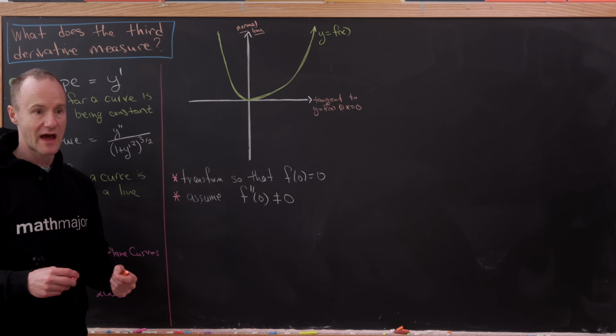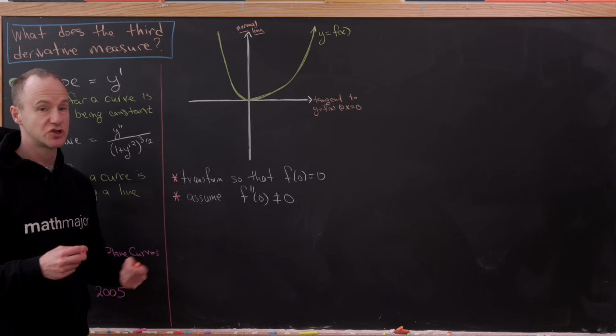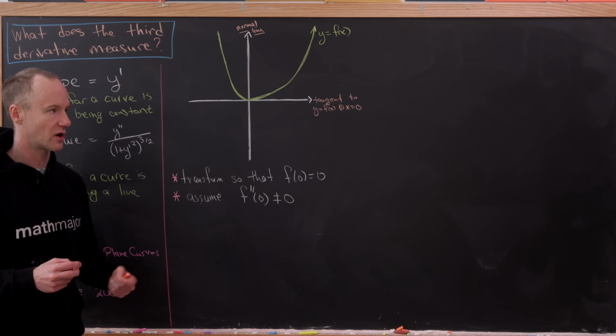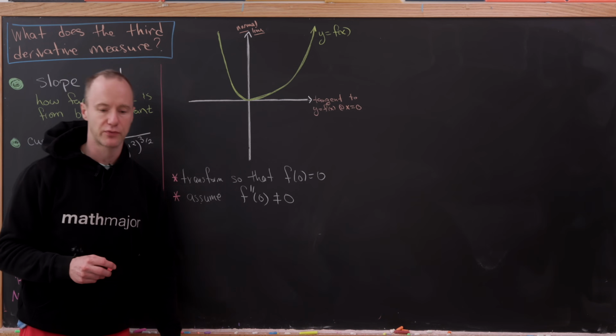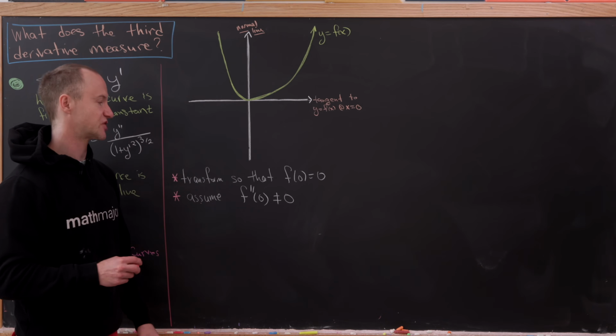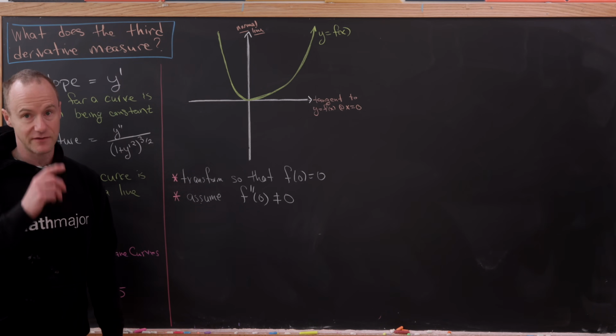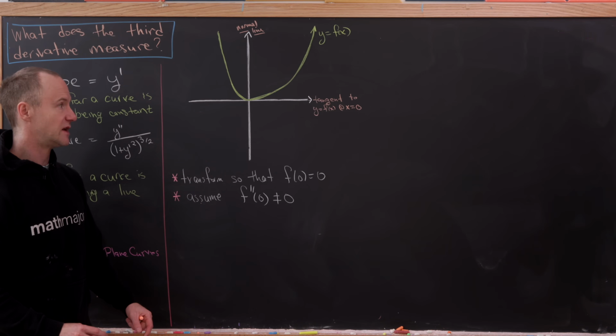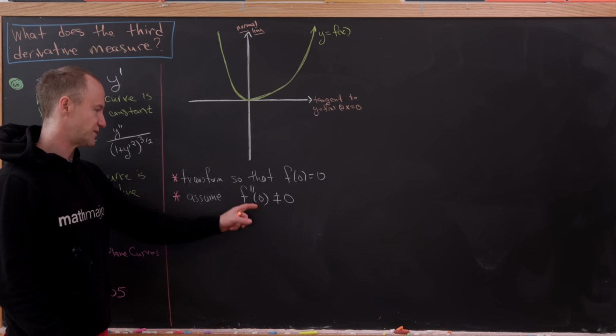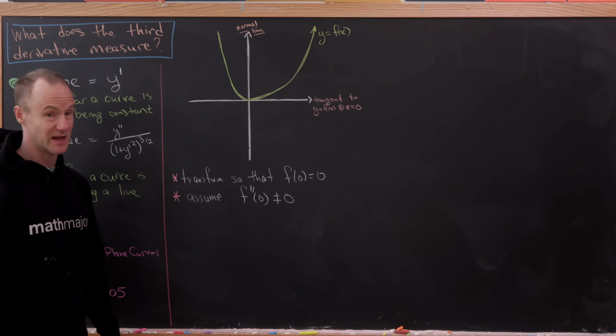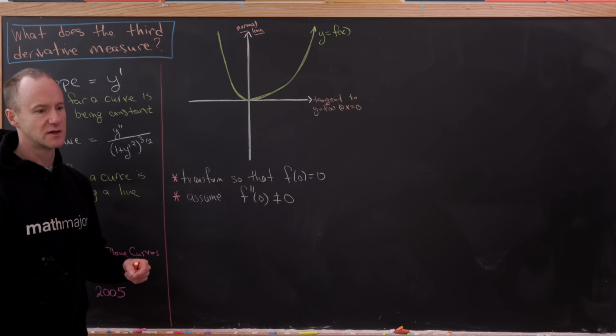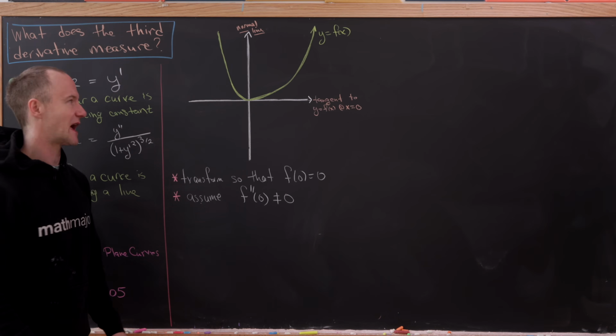And in order to have a chord, we must have two intersection points with the curve. Now, in our drawing, we pretty clearly have two intersection points with the curve, but we'll always be guaranteed to have two intersection points with the curve near our point of interest because we're assuming that the second derivative is non-zero, and thus we're not changing concavity at this point.